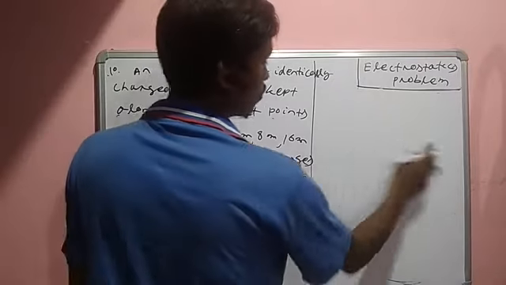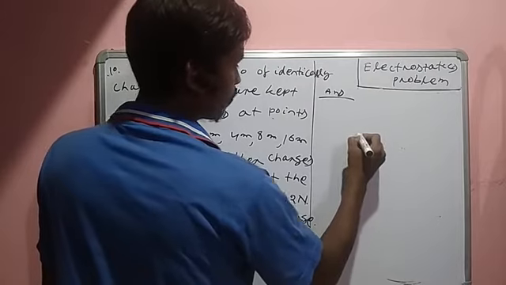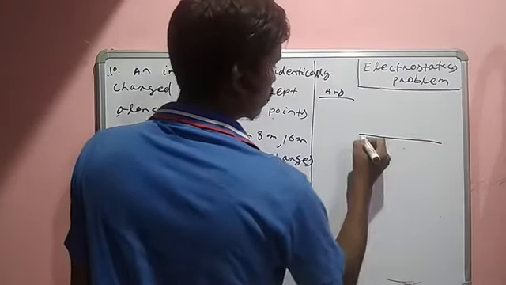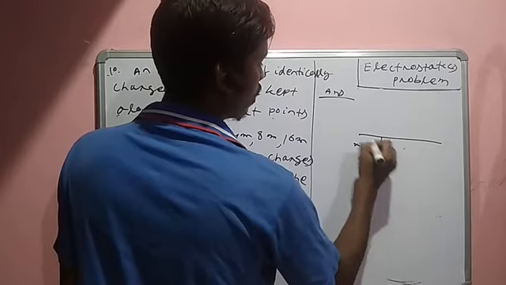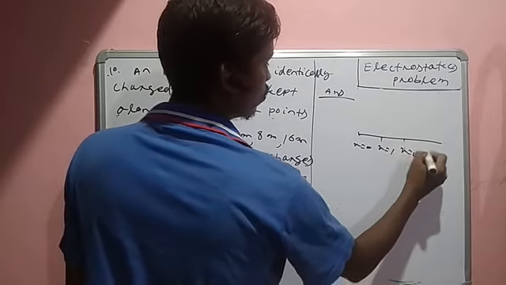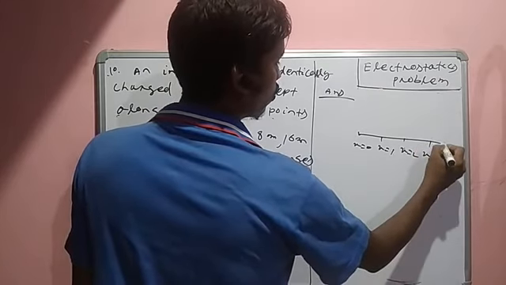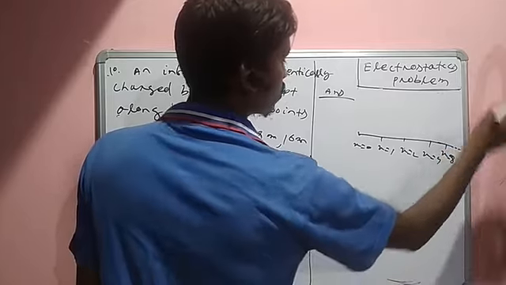So first of all, you can draw a figure. Suppose this is x = 0, this is x = 1, this is x = 2, this is x = 4, this is x = 8, and so on.